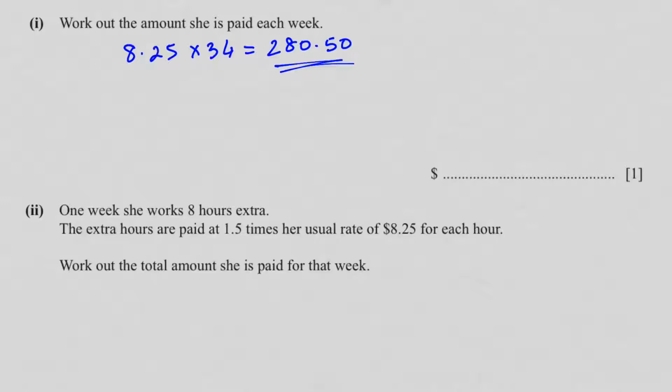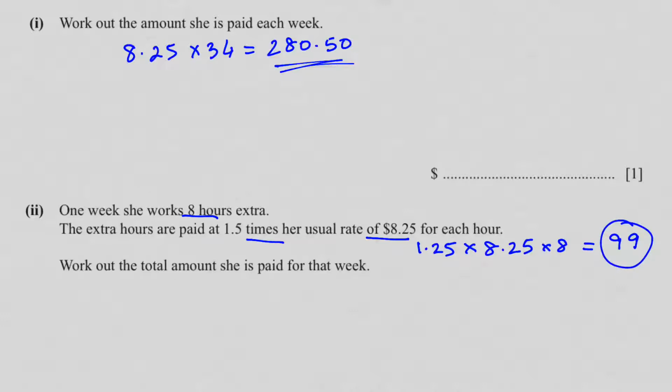So 1.5 times 8.25, because it is 1.5 times her usual rate. And how many hours did she work? 8 hours. When you multiply that, you will get 99. This is the extra amount she got that week.